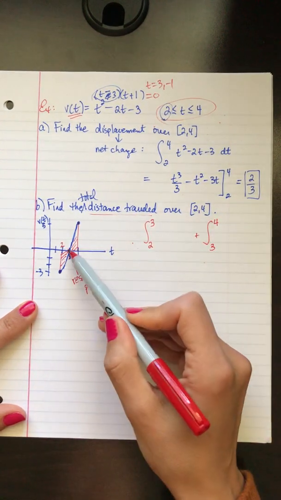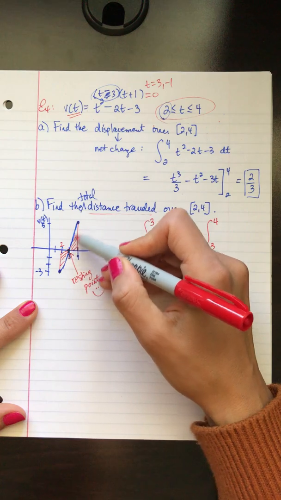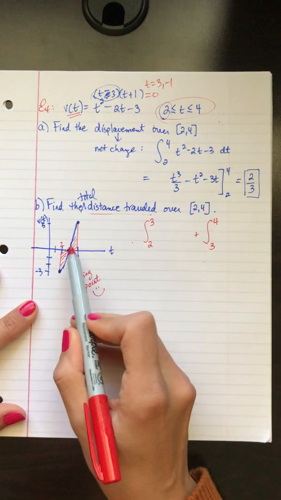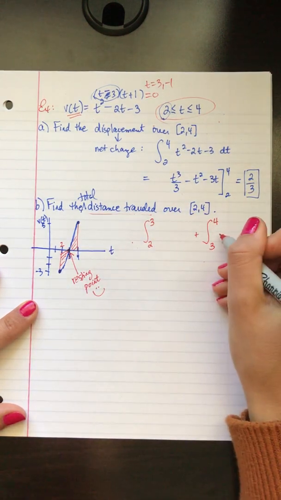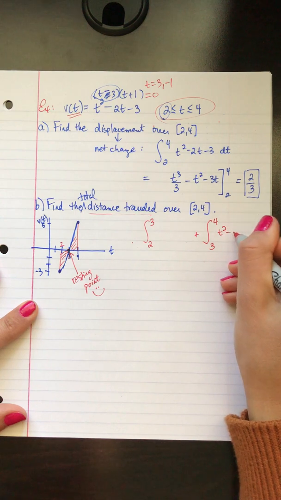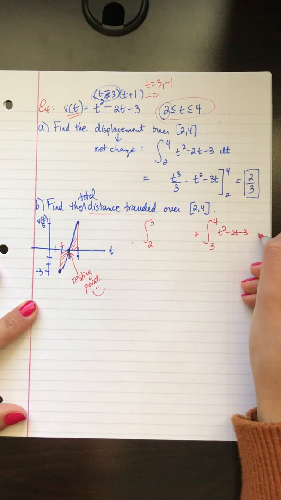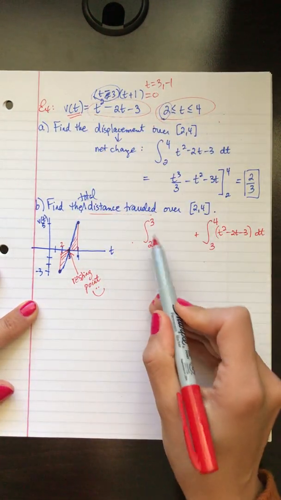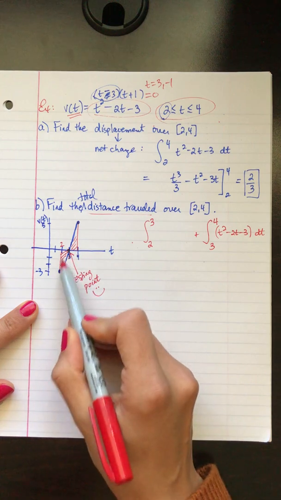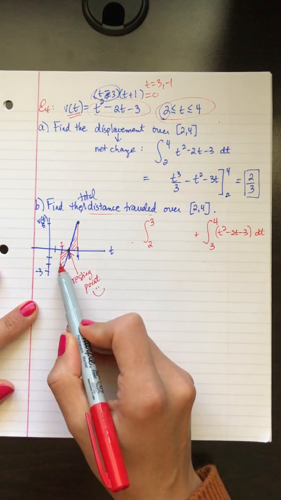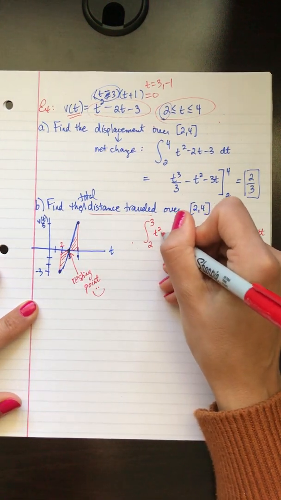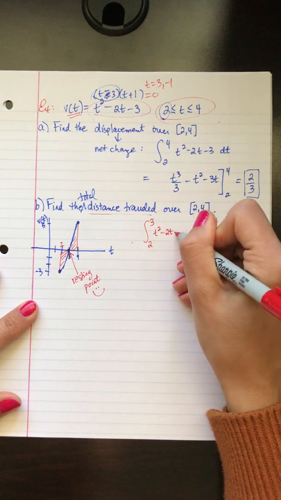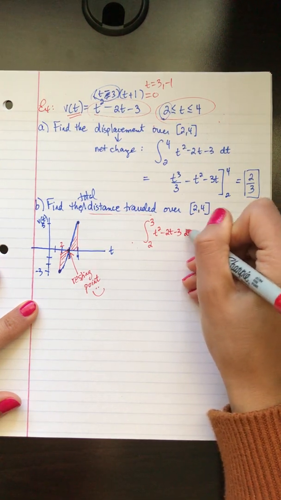Now, the piece of the graph that's already above the x-axis, the one that goes from 3 to 4, can just be the velocity function as is. But the piece that's underneath the x-axis, that's negative, t squared minus 2t minus 3 dt.